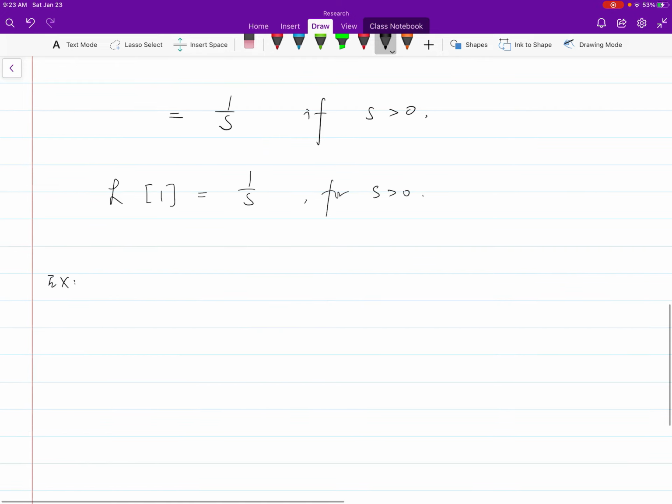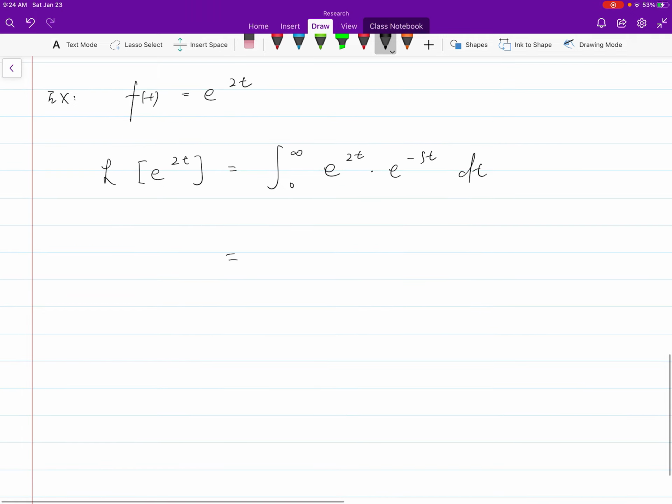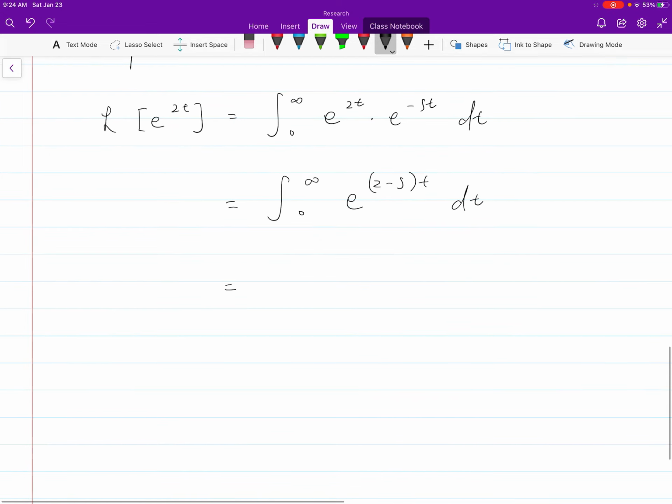Let's take another example. Let f(t) equals e to the 2t. So what do we have? We have L of e to the 2t equals the integration from 0 to infinity of e to the 2t times e to the negative st dt, which is nothing but negative 1 over 2 minus s, e to the (2 minus s)t.